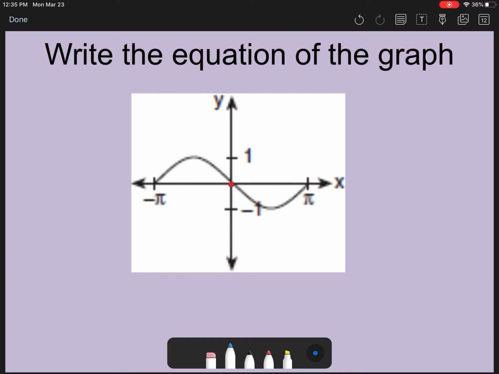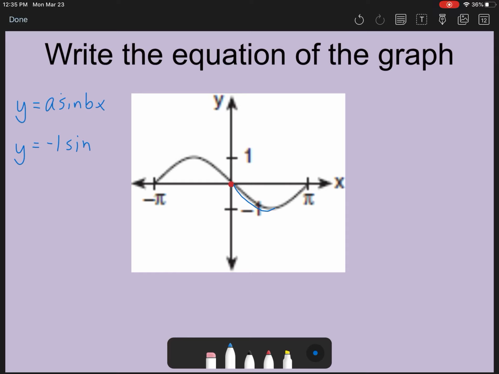Okay, write the equation of the graph. So again, we need to identify whether this is sine or cosine. It is sine because it's going through the origin. A sine of bx. Since it's going down first, the a value is negative.